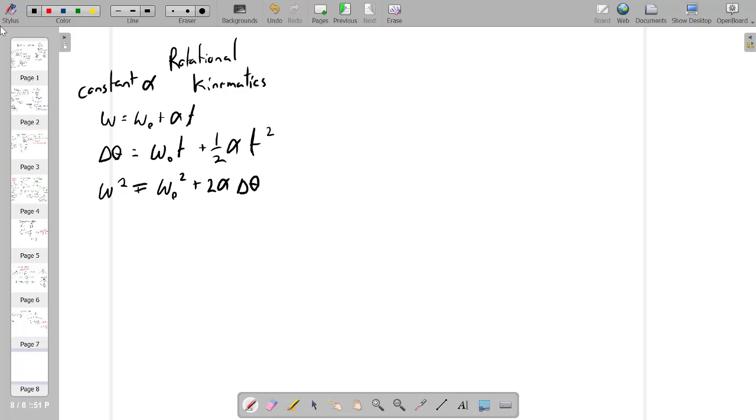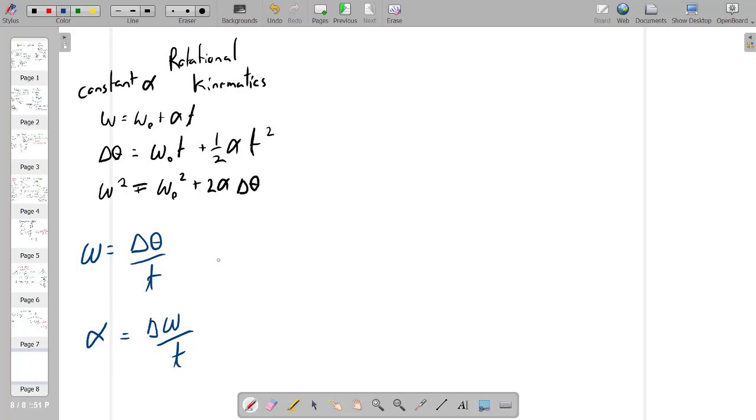Our most basic equations: what is my angular velocity? Well, my average angular velocity is just delta theta over t. My average angular acceleration is delta omega over t. Think about this. Velocity is distance over time, so angular velocity is delta theta over t. All right, that's just a quick rotational kinematics.